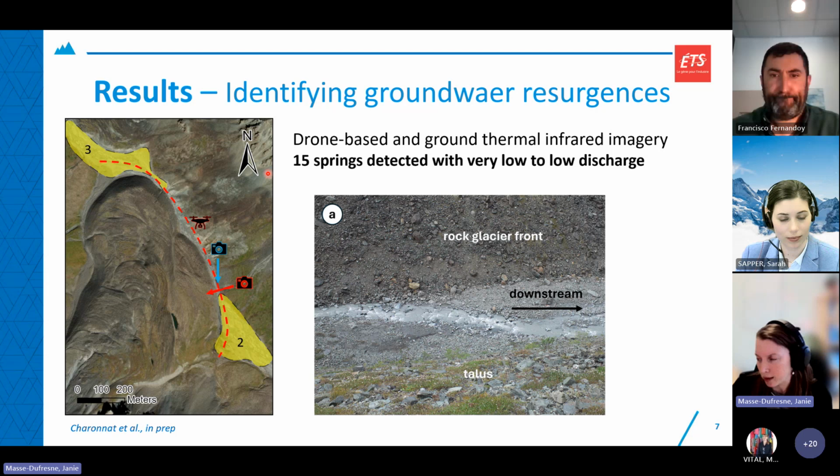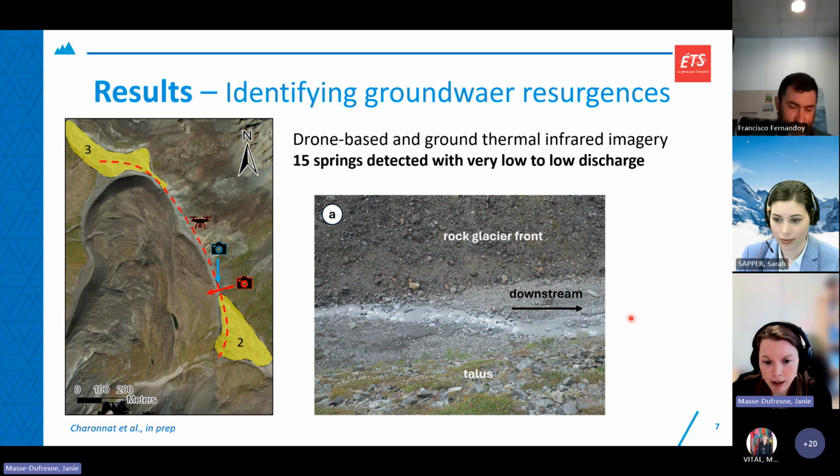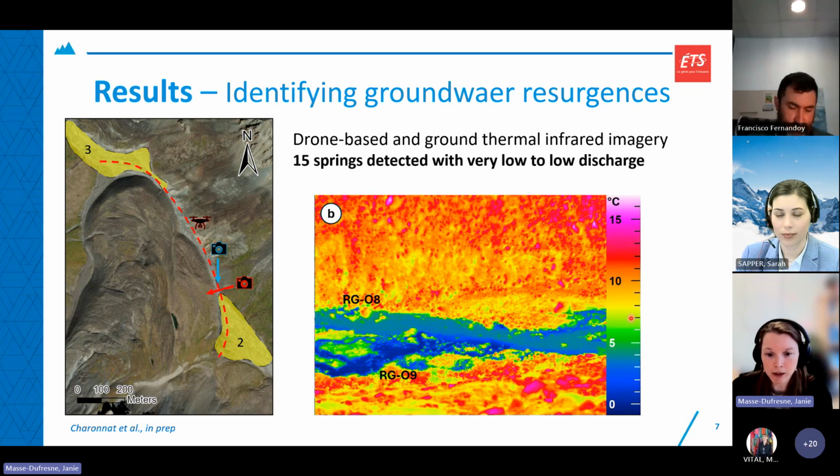So just an example here, this is the visible light image with the Grizzly Creek here and the front of the rock glacier. The stream is going in this direction. And if we change the image to the thermal one, we can see some contrast there in the temperature.